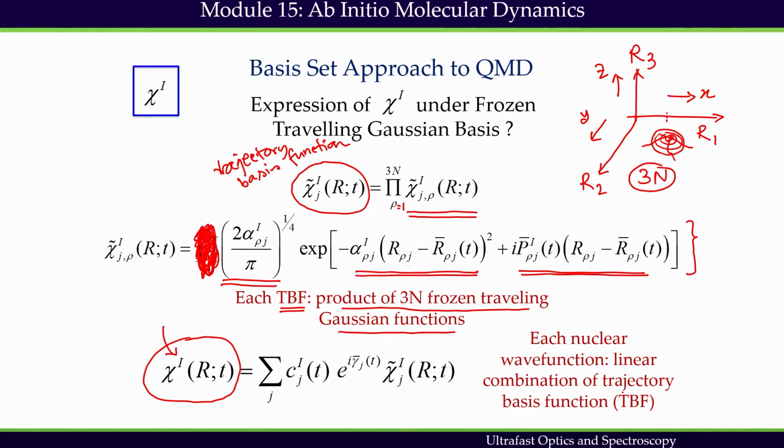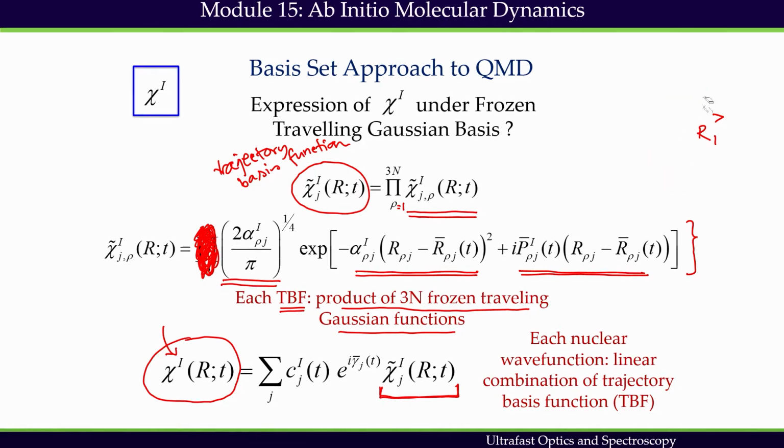One can think about taking only one trajectory basis function, and there is nothing wrong in it, but depending on what information we want to gather or what kind of dynamics we would like to explore, we might need to use many trajectory basis functions. When we take many, clearly each trajectory basis function is representing one way of moving the overall system.